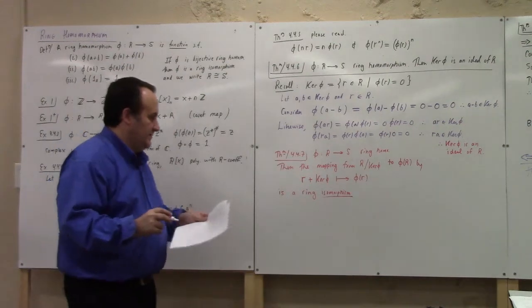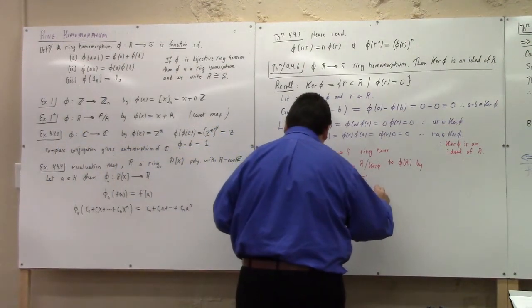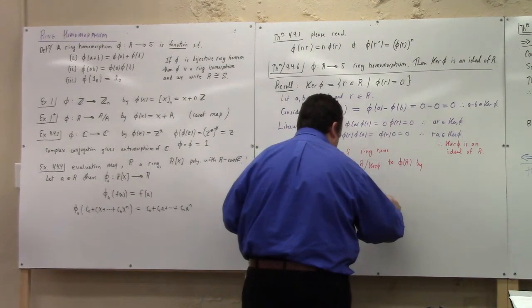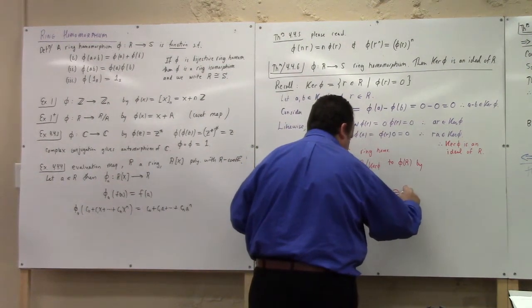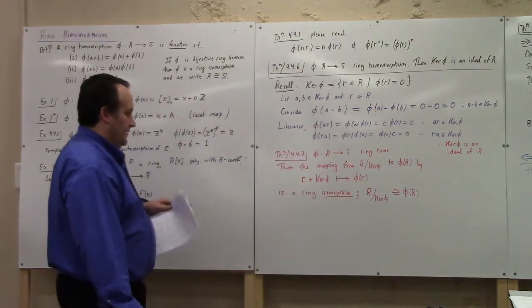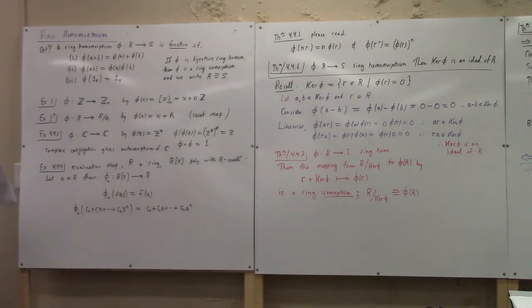In other words, let me put it in other terms. We have the result that R mod the kernel of phi is isomorphic to the image of the ring homomorphism. This is the first isomorphism theorem for rings. Did you guys talk about the first isomorphism theorem for groups? Yeah, this is it for rings.